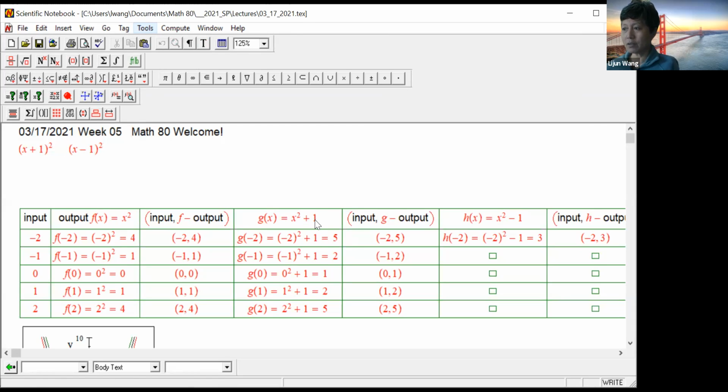So here you see x squared plus 1 and x plus 1 squared. So there's a difference in order. Does that make a difference in consequence? Of course.